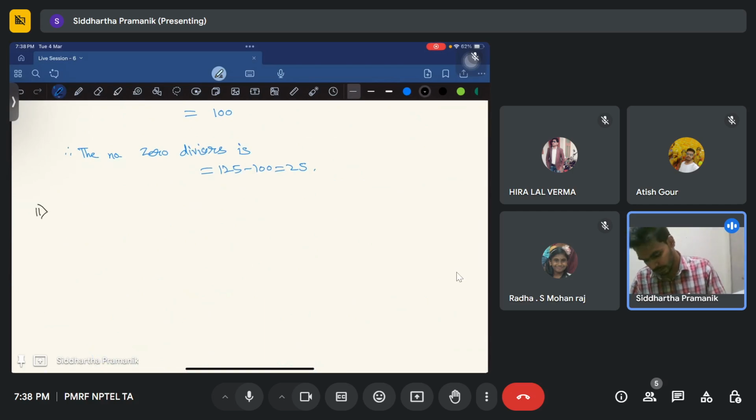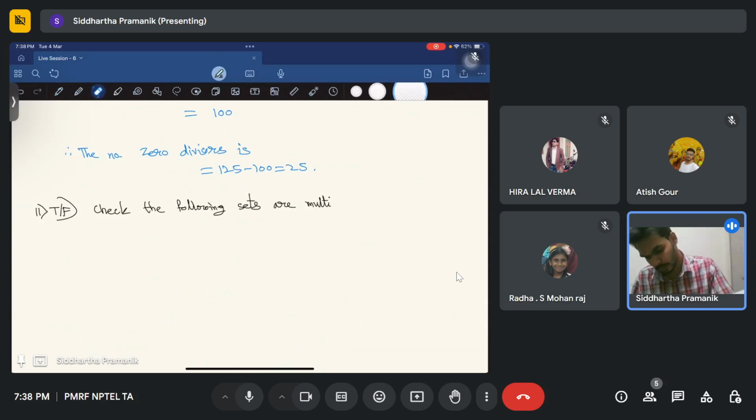So this is true or false type. So check whether the following sets are multiplicative subsets or not. Okay, true or false, so I don't need to write anything.